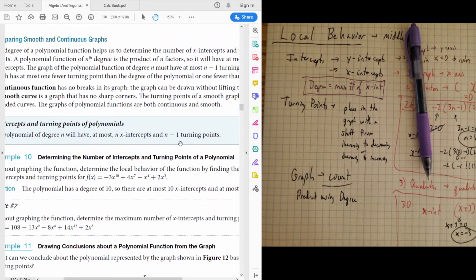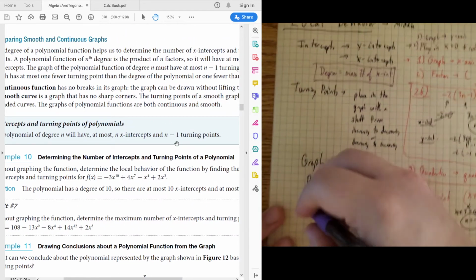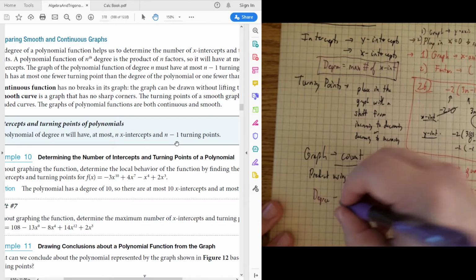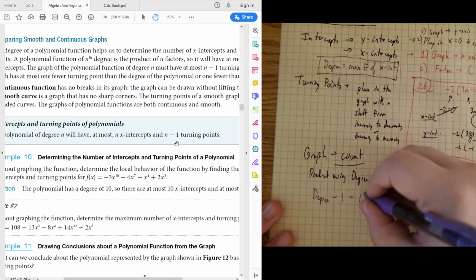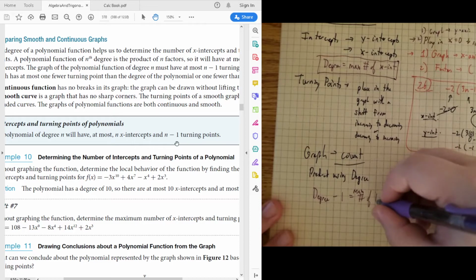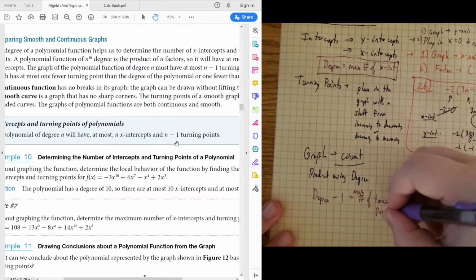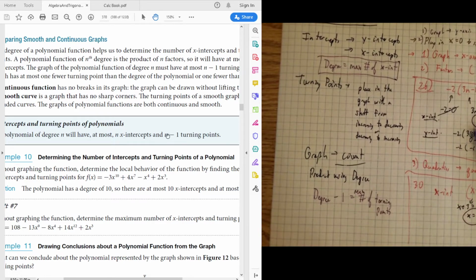And notice there's a secondary part of this too. If you subtract 1 from the degree, it tells you the max number of turning points. So, in this example, it says we have x to the 10th power as the degree.